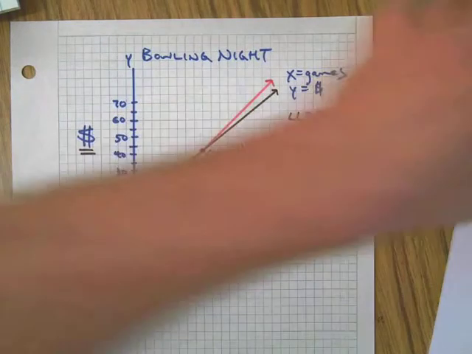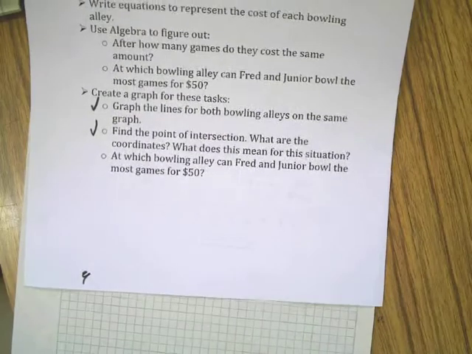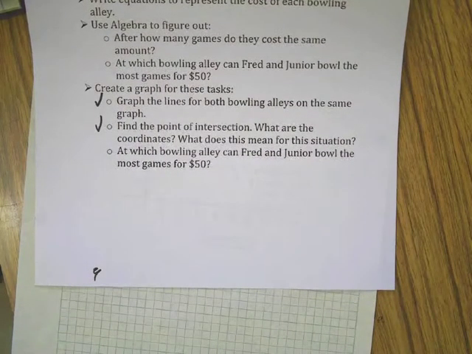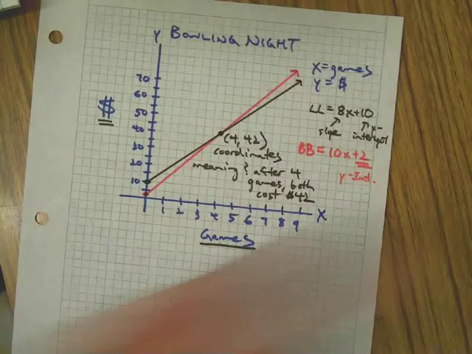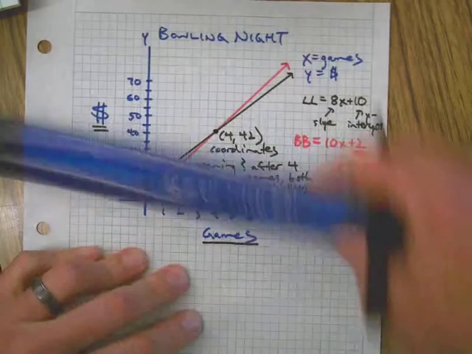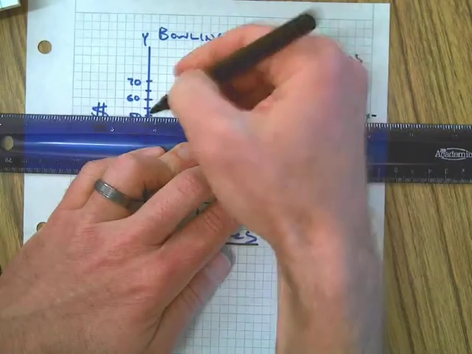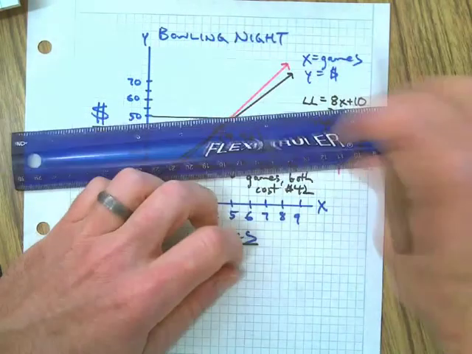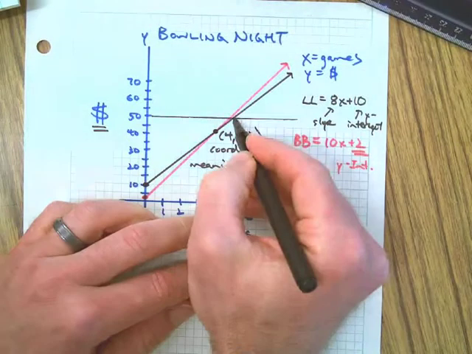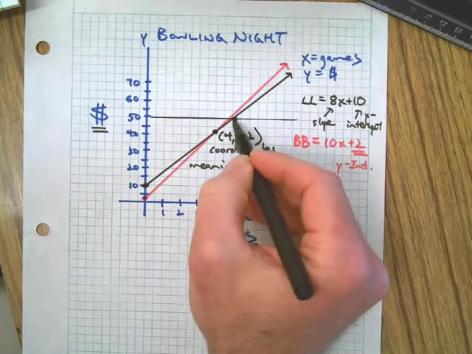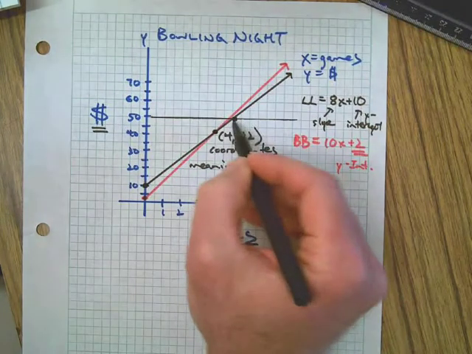That's the meaning. And then our last question, at which bowling alley can Fred and Junior bowl the most games for $50? Well, let's take a look at our graph here. I'm going to draw a little line here at 50. This is the one that we can bowl the most games at for $50 because it's the line that's furthest over.